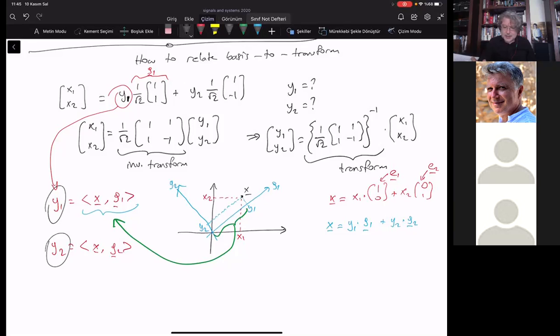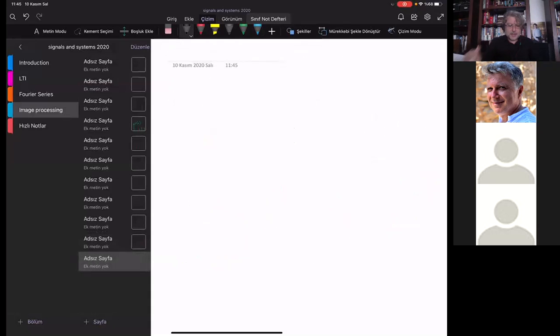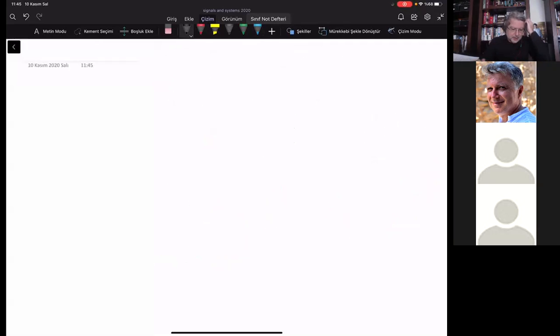We will come back to that, but first, let us see examples of bases and their applications to signals and images. The example that I want to give you will be 2-dimensional, an image processing example.